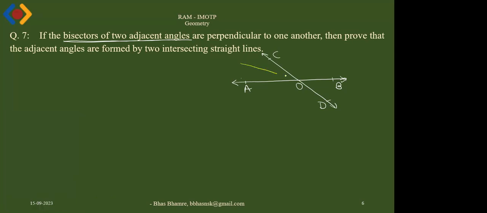So ray OP bisects angle AOC and ray OQ bisects angle BOC. Let angle AOC and angle BOC be two adjacent angles.